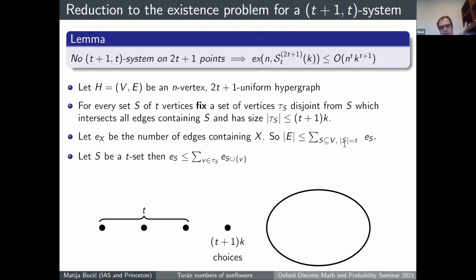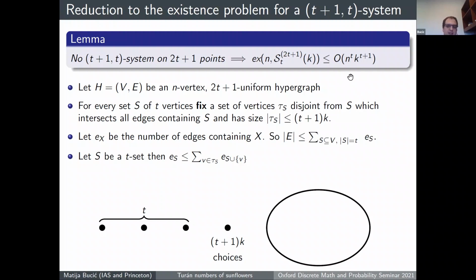So we have n to the T different summands here. We have T plus 1 times K here, and each of them is at most n to the T. So what we get is n to the 2T times T plus 1 times K, which you can think of as just being n to the 2T times K, because T plus 1 is a constant. So we managed to improve n to the 2T plus 1 to n to the 2T times K. So we replaced one factor of n with a factor of K.